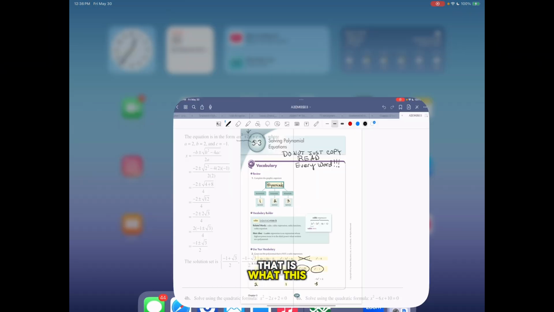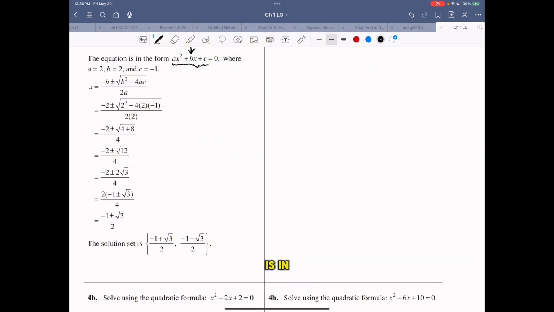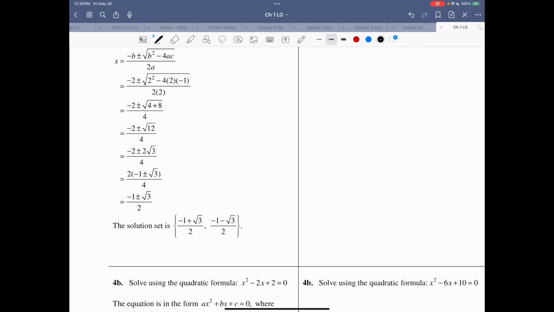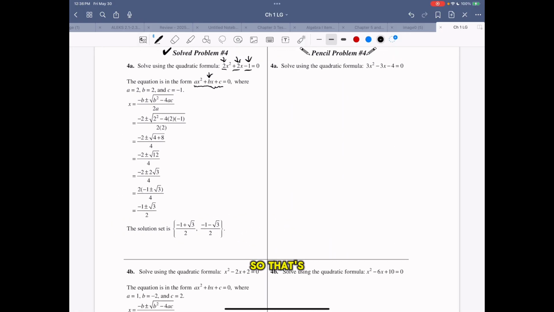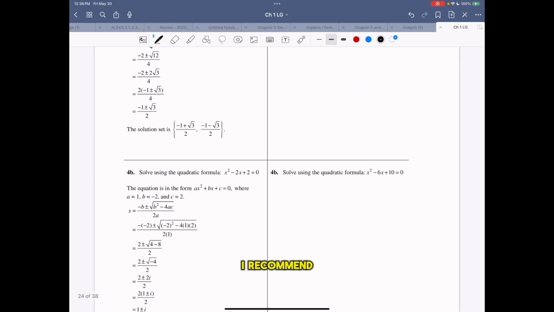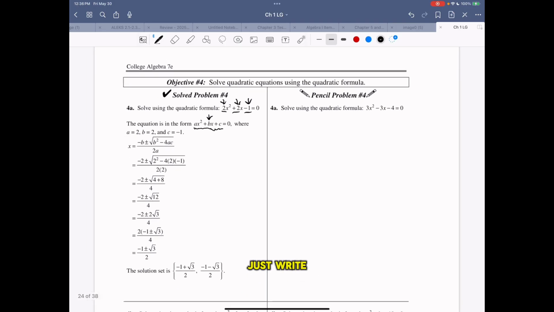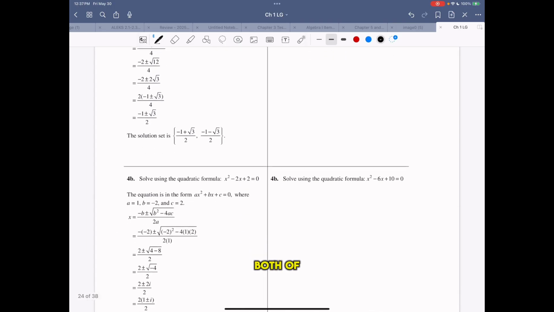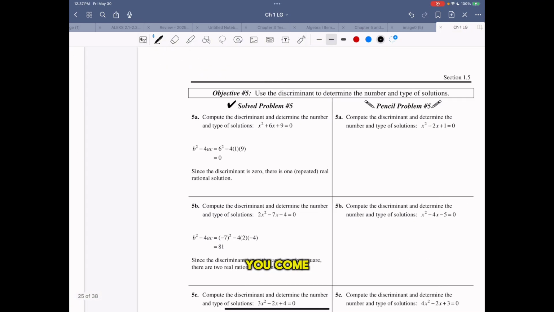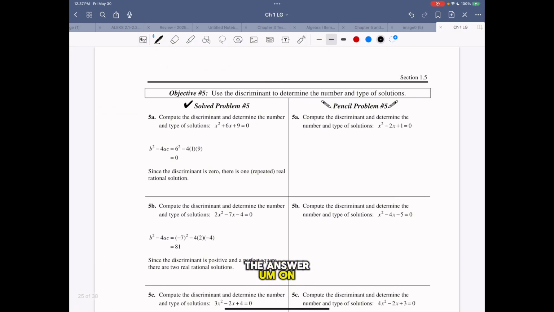That is what this is in decimal form. So that's why we use the quadratic formula. I recommend that you just write and practice both of these and then see if you come out with the answer on the last page.